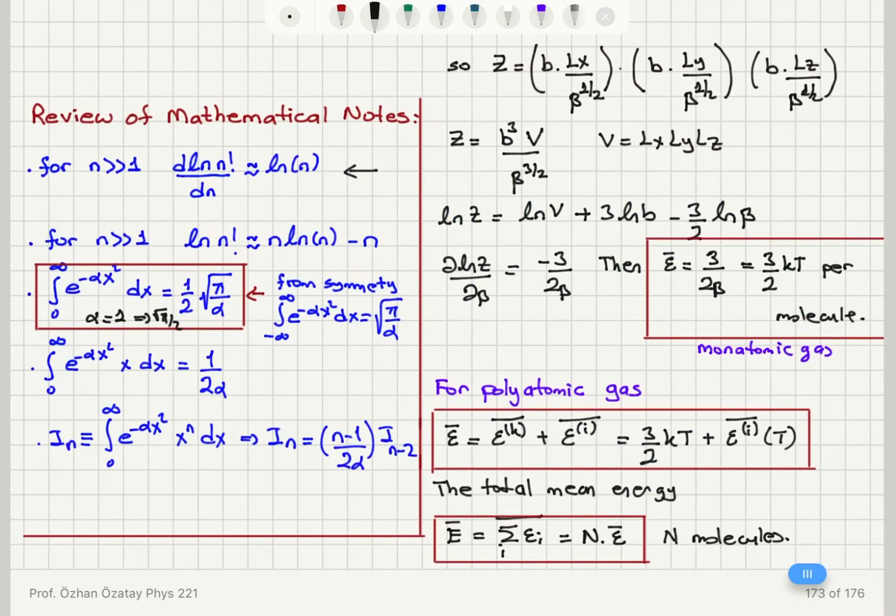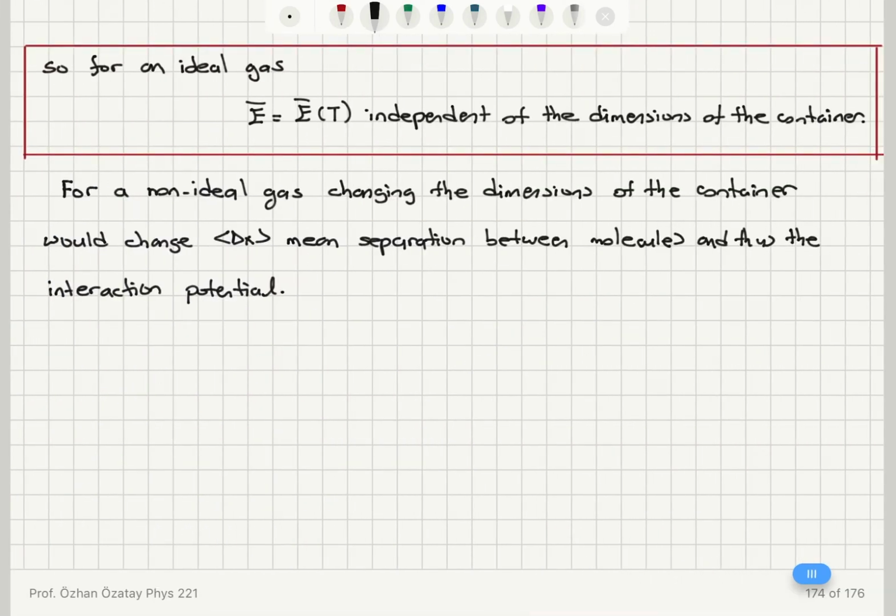We find that this potential energy term would come back if you have a non-ideal gas, and the interaction potential energy is usually a function of the separation xyz between molecules. By changing the dimensions of the container, since you would be changing the mean separation between the molecules, this would affect the potential energy term. Therefore, the total mean energy would depend on the dimensions of the container for a non-ideal gas.